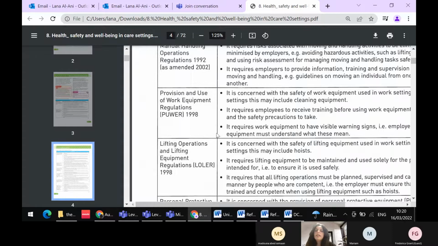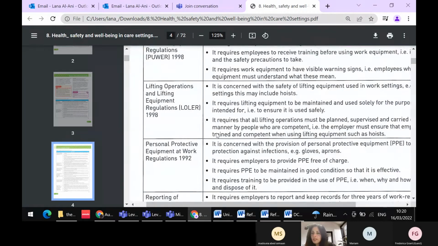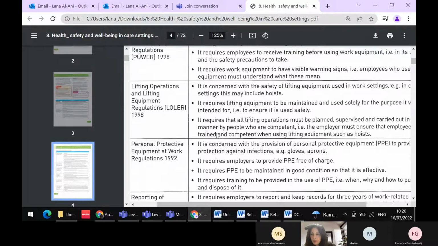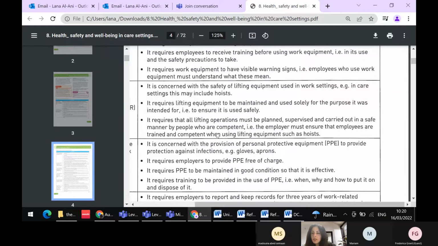Also, we have the Lifting Operations and Lifting Equipment Regulations 1998. So what is lifting operation? It is concerned with the safety of the lifting equipment which you use at work, and the care for it.